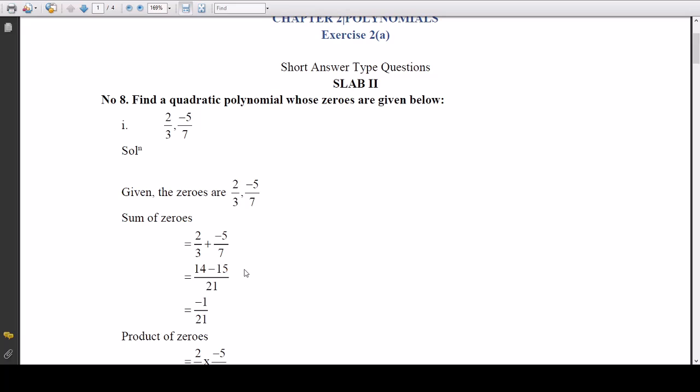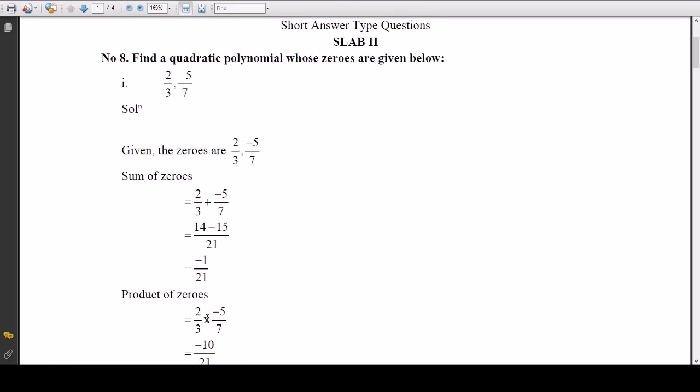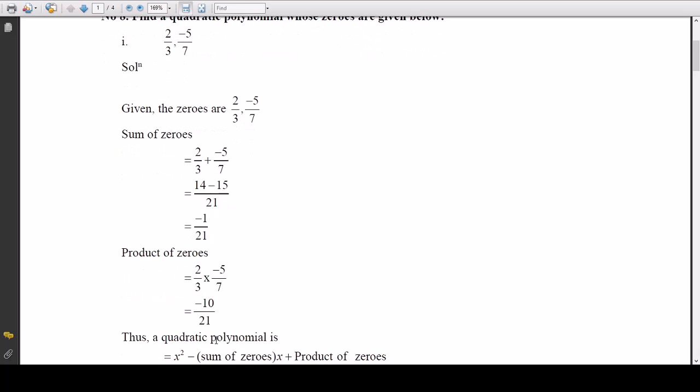Which sign is greater, plus or minus? It is minus. Now let us find the product of zeros. 2 by 3 multiplied by minus 5 by 7 you'll get minus 10 in the numerator, 21 as denominator.